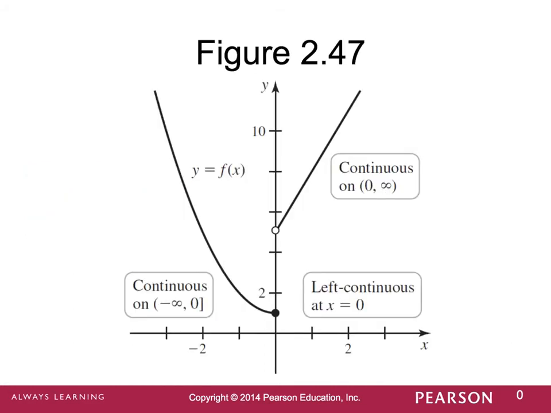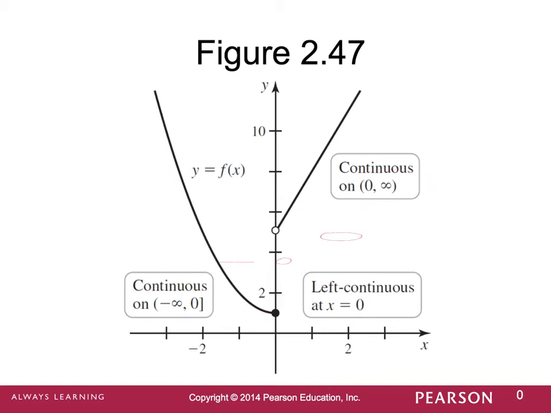If we look at this example pictured here in figure 2.47, we see that this function is continuous on the interval of negative infinity to 0, including 0 because we're continuous at that endpoint, and it's continuous on the open interval from 0 to positive infinity.